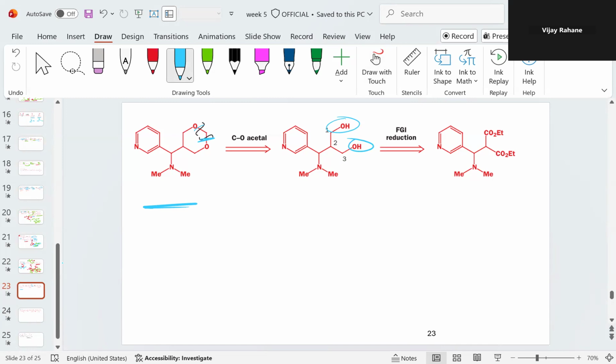Then, if you want to convert this into a more simple molecule, this hydroxy can come from these diesters. And if you want to further break down this molecule into a much simpler one, it can be like this.